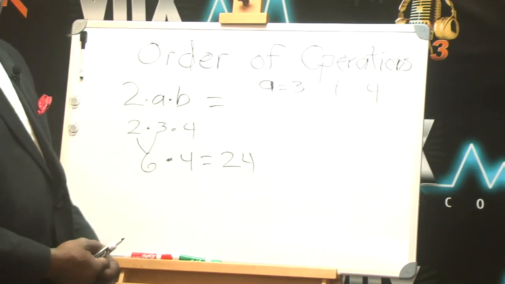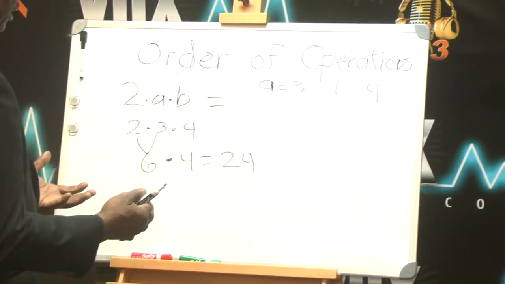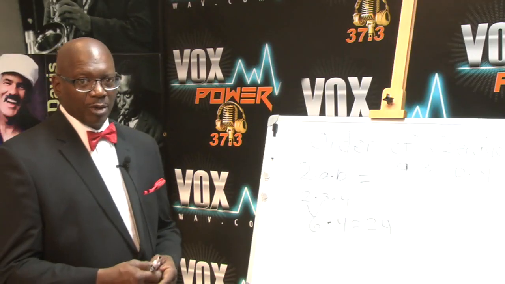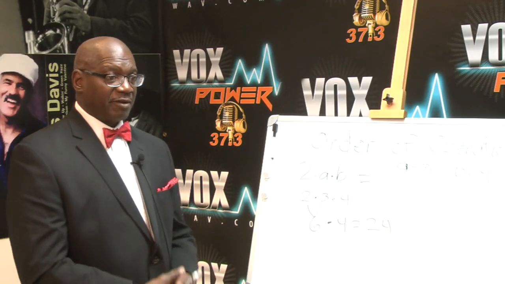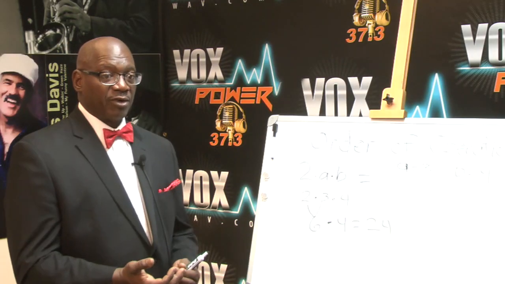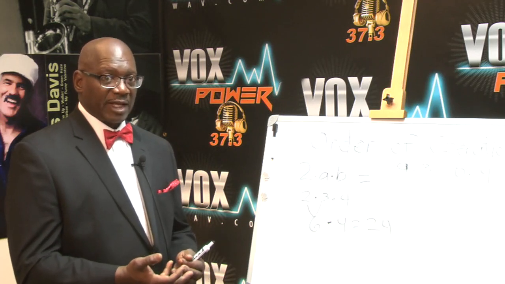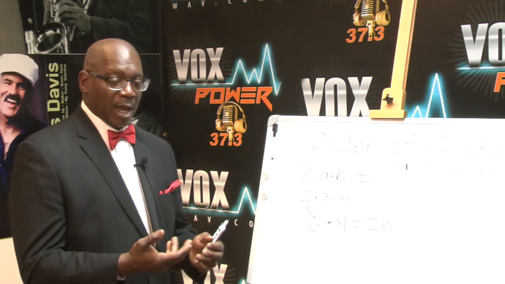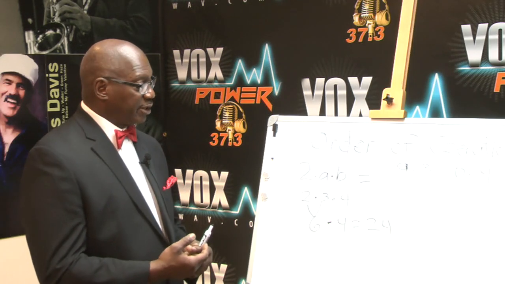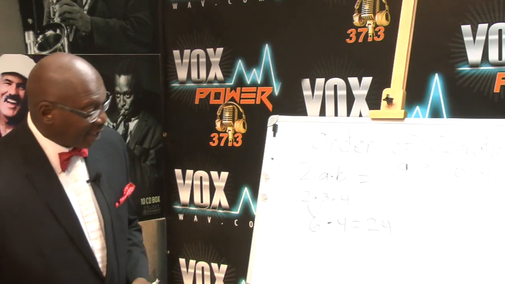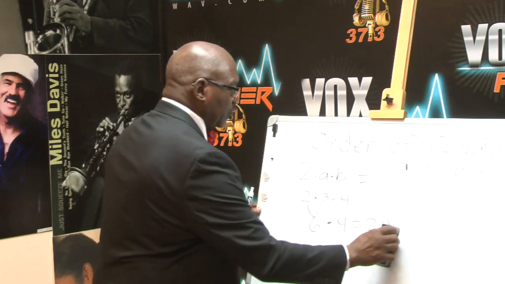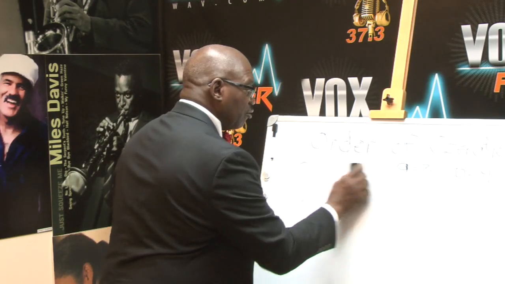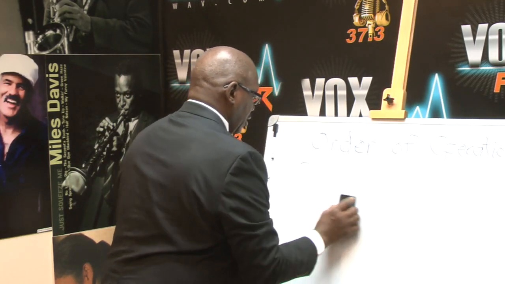That's simple. And I say that it's simple, but it's not going to be simple if we don't know our basic facts. Our basic facts for addition and subtraction, our basic facts for multiplication and division. Now, I always say that those basic facts are relatives of one another.